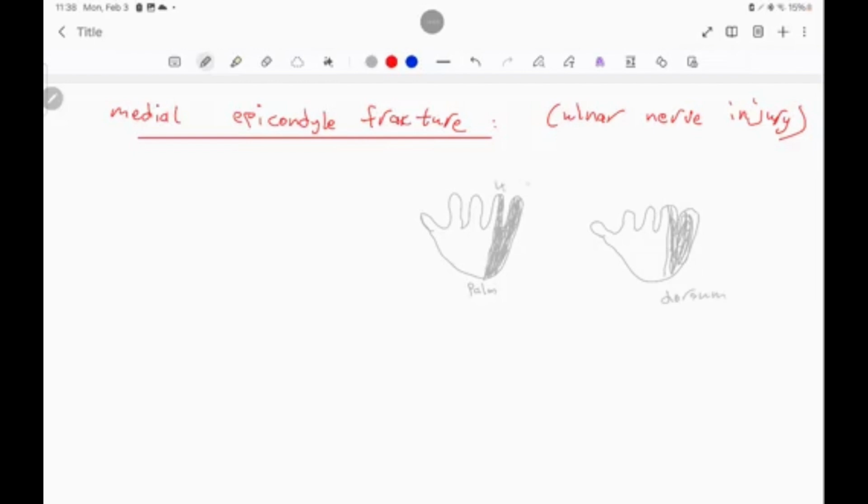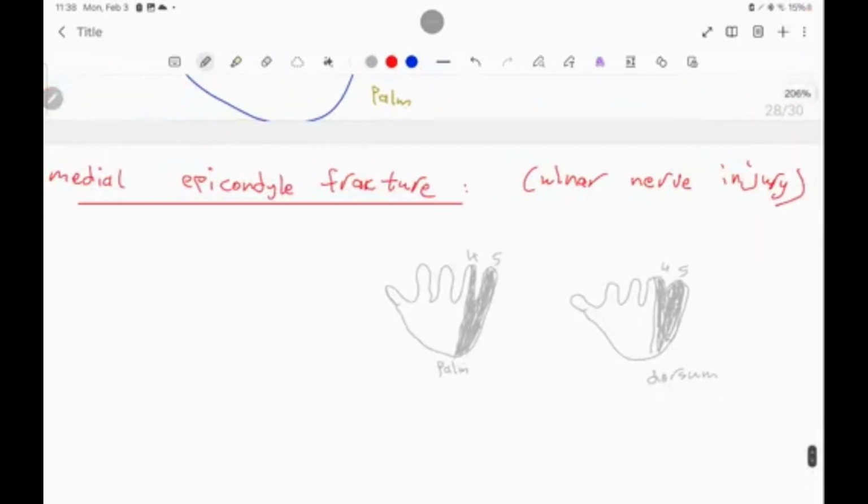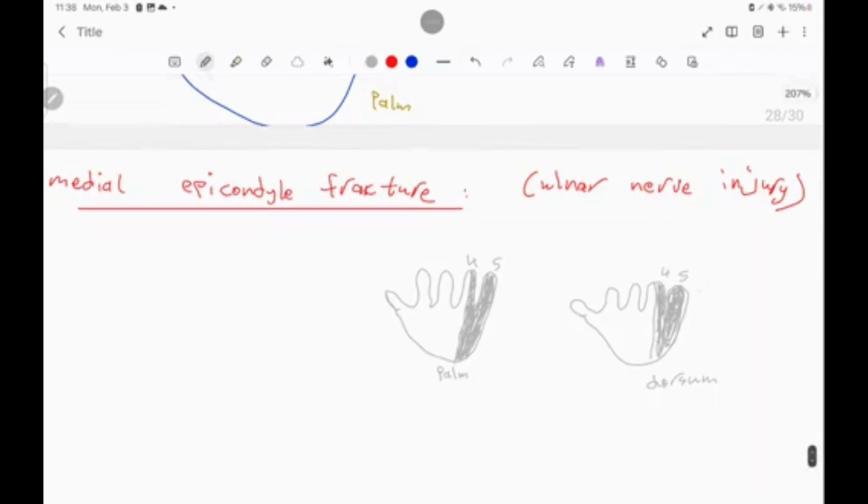All of this side on the dorsum and on the palm will be loss of sensation, from the dorsal side and from the palmar side. So the patient will come complaining of loss of innervation of the whole 5th finger and half of the 4th.